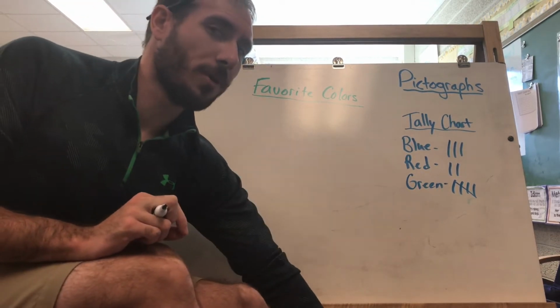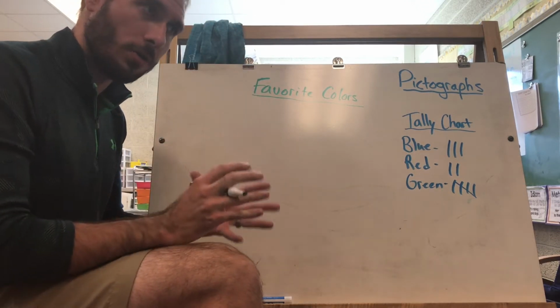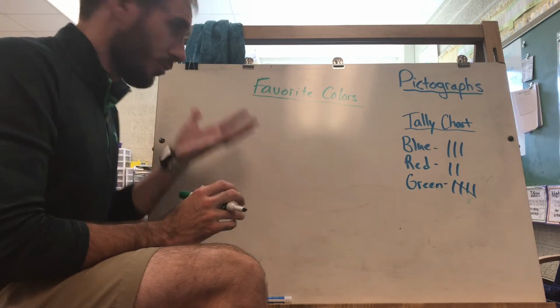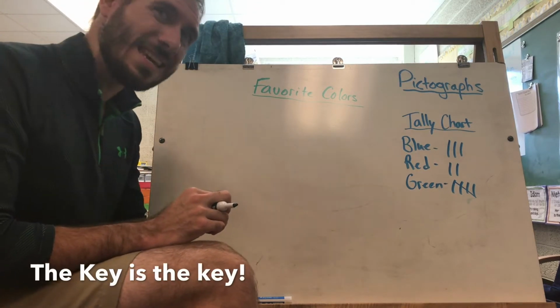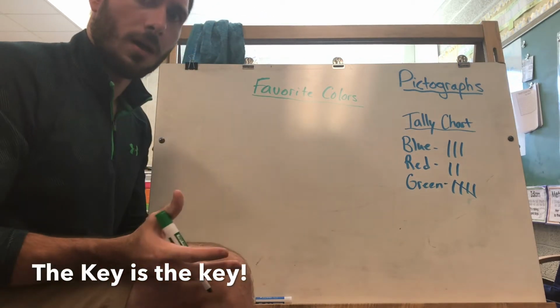Now this is a little bit different than a bar graph because in a bar graph, you can just read exactly what the bars are, depending on the scale that you have with the numbers, and then you can figure out what it is. In a pictograph, it's a little different because the key is the key. I tell my kids that like 100 times a day when we're doing our pictographs.